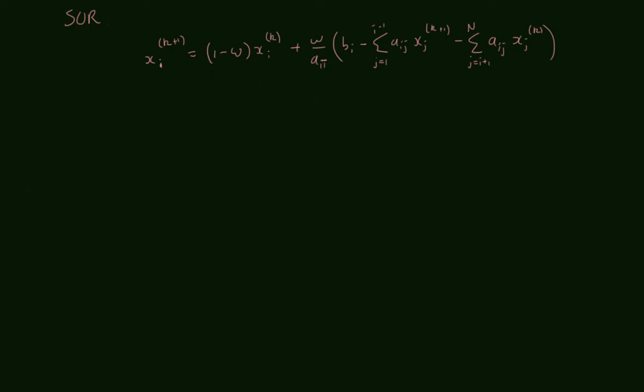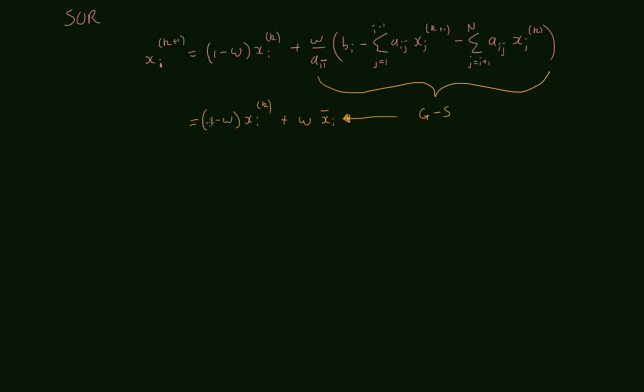Eagle eyes amongst you may notice that this is our Gauss-Seidel method. Essentially what we have is 1 minus omega times the current solution, plus omega, this thing that looks like a W is the Greek letter omega, times x bar, where x bar is our Gauss-Seidel solution.